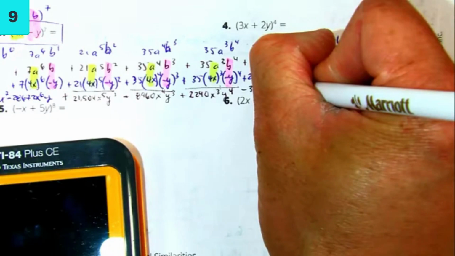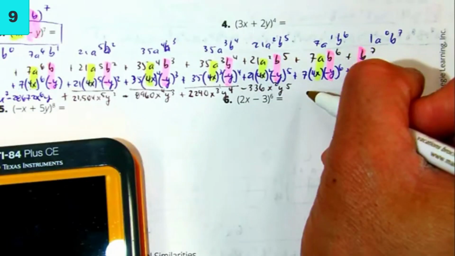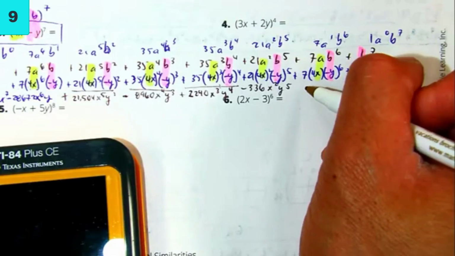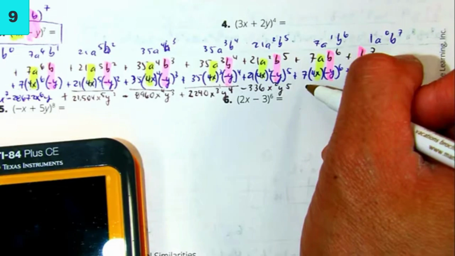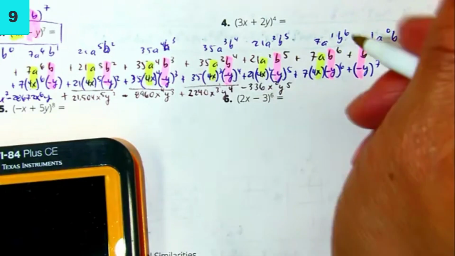Lizeth? Do you have an answer? Echo? 28. Positive or negative? Positive. Positive 28 what?